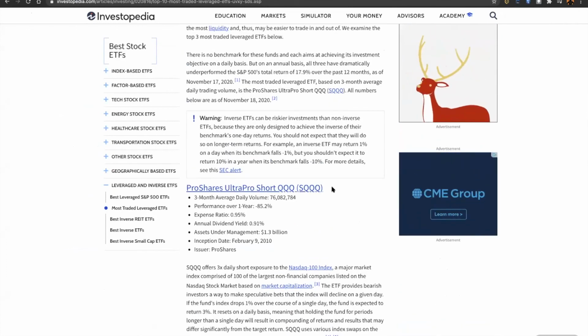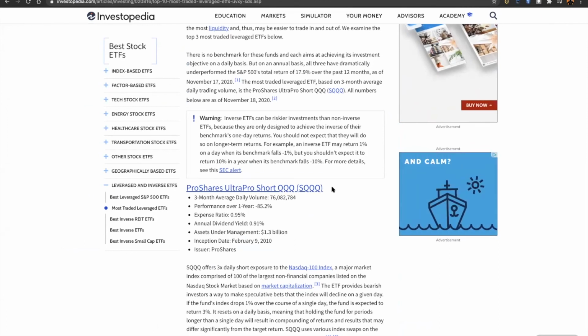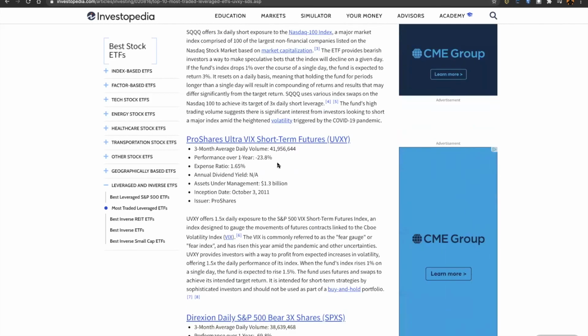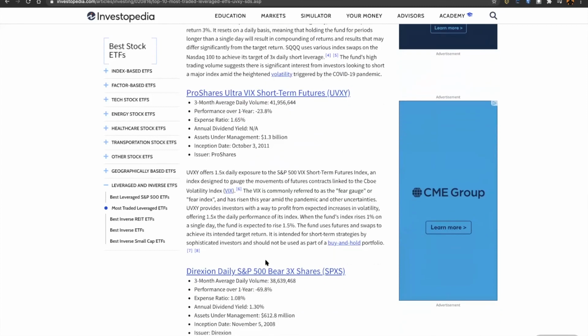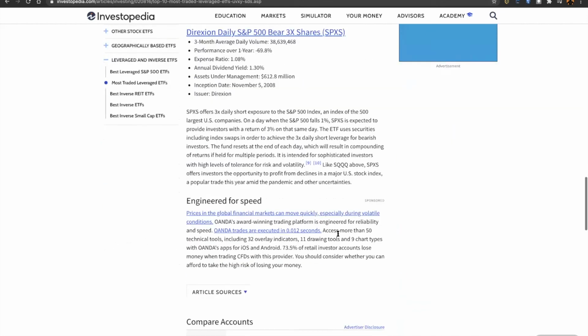Another one, the opposite of TQQQ, is SQQQ. SQQQ is the selling side, not the buying side. So if the QQQ is growing, this one is going down. For the S&P 500, they also have leveraged ones, like SPXS.